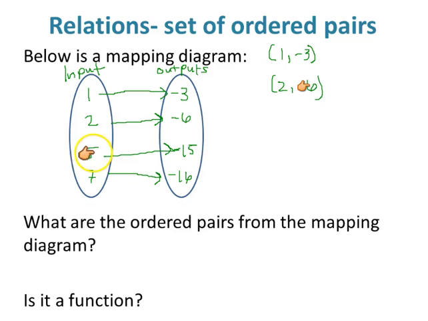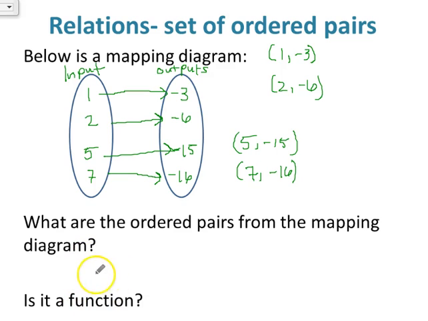So what would be the ordered pair for this set? It would be 5, -15. And then what would be the ordered pair for that 7 point, and it's got the arrow to -16? It'd be 7, -16.